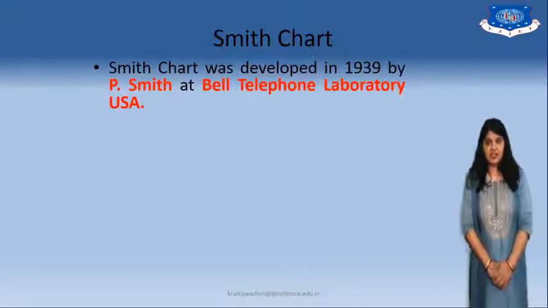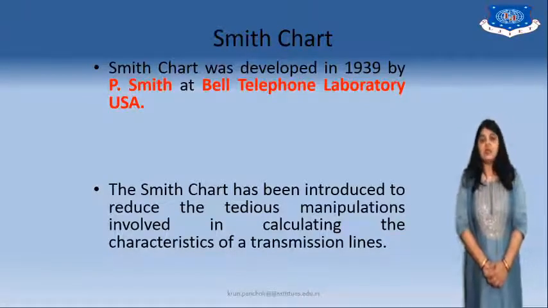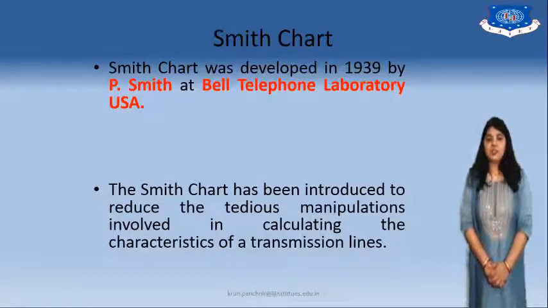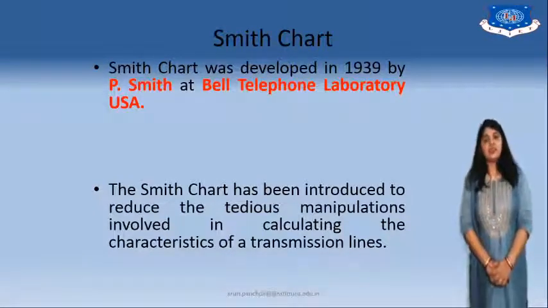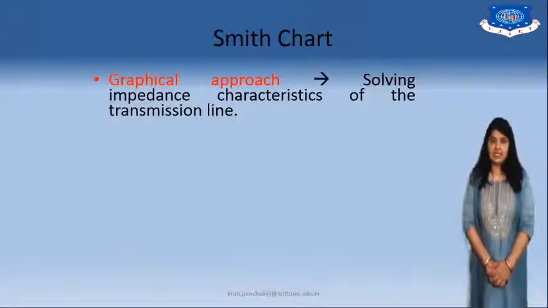What is the Smith chart? The Smith chart was developed in the year 1939 by the scientist P. Smith at Bell Laboratory, USA. It was introduced to reduce the tedious manipulations involved in calculating the characteristics of the transmission line.